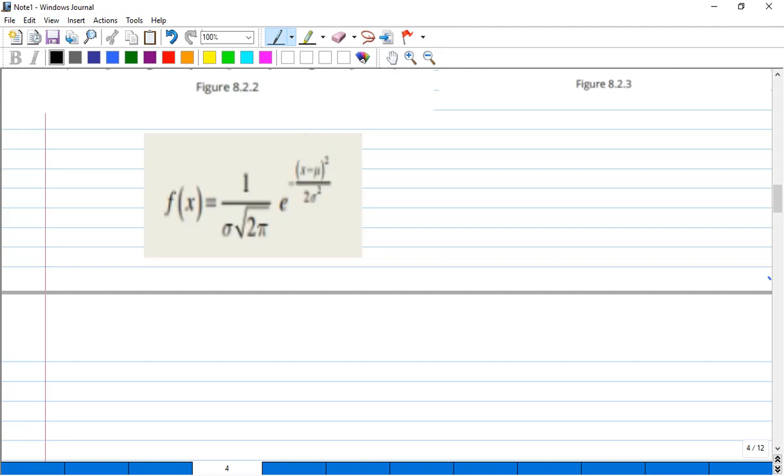I know you can't really see this very well, but that's negative x minus mu squared over 2 sigma squared, and that's the power of e. And then you have this in front, 1 over sigma times the square root of 2 pi.